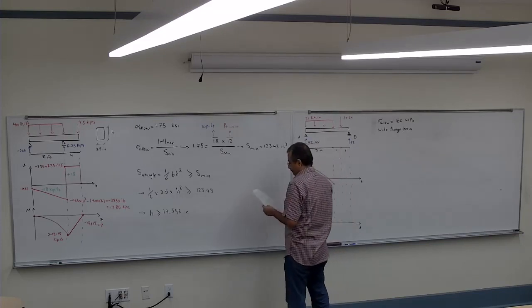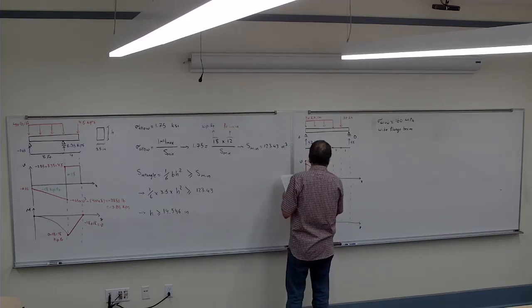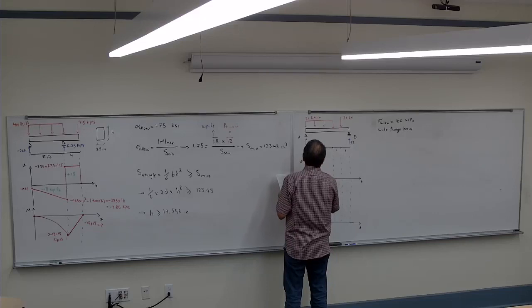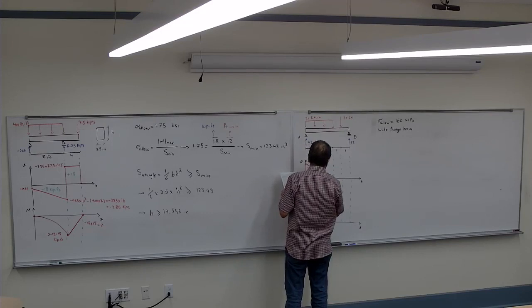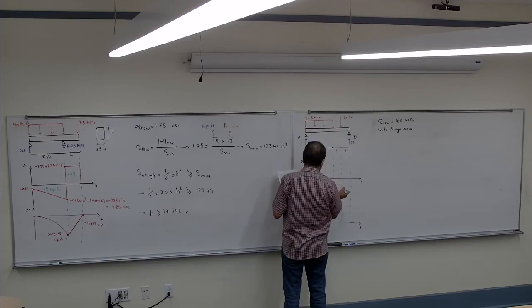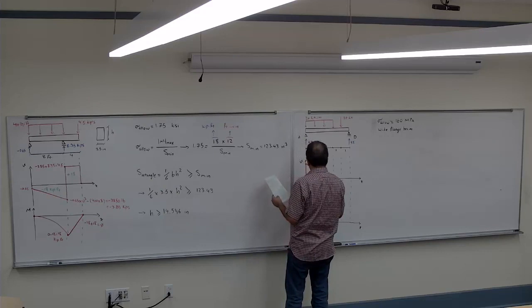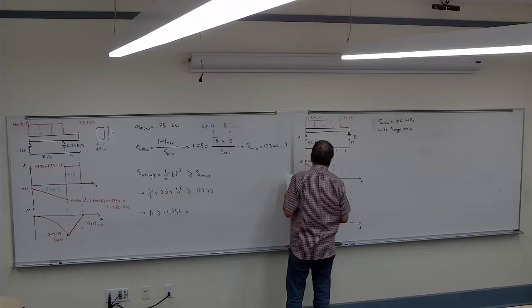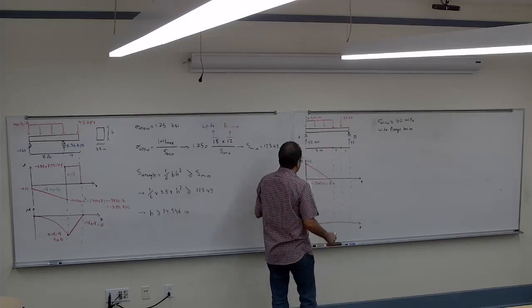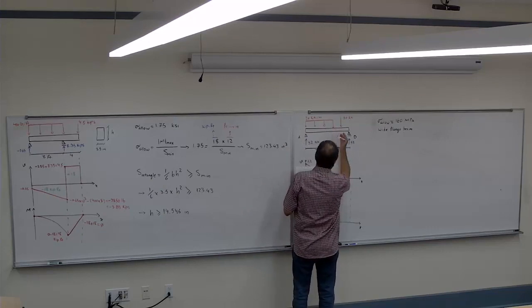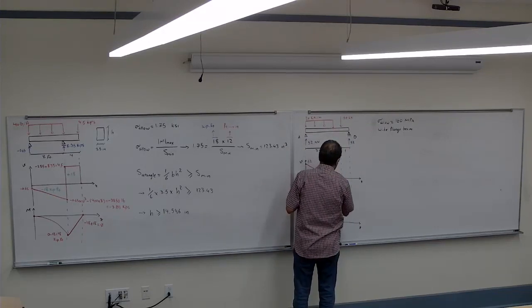It's going to be 52 minus that area, which is 20 times 3, so it's going to be negative 8. And then between these 2 points, it stays constant, nothing happens.